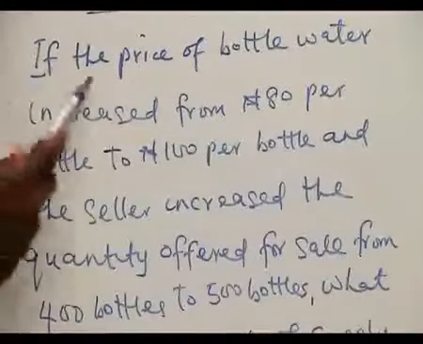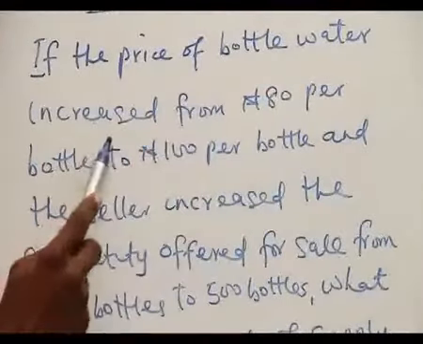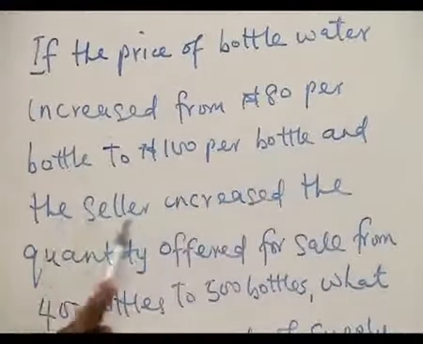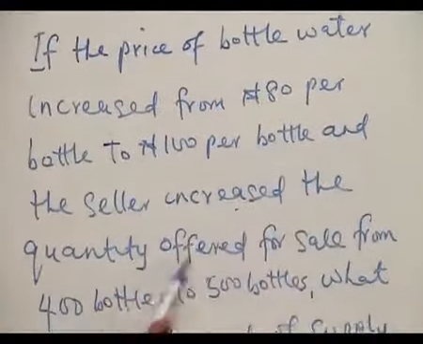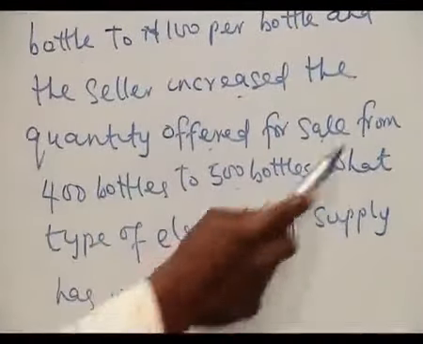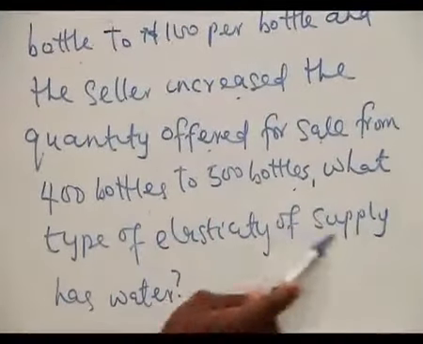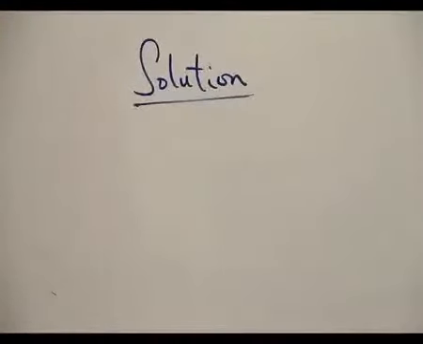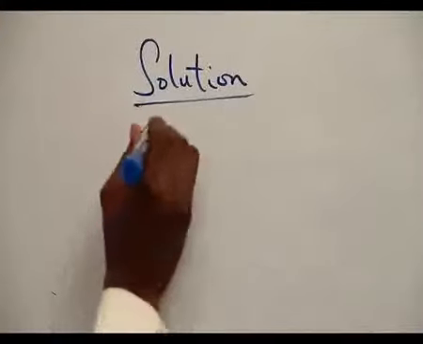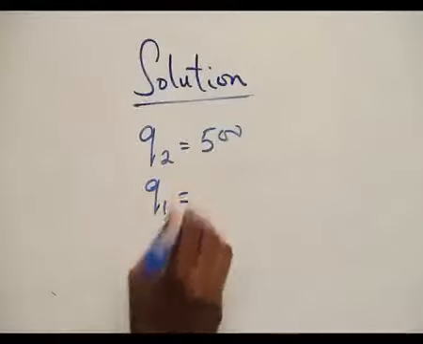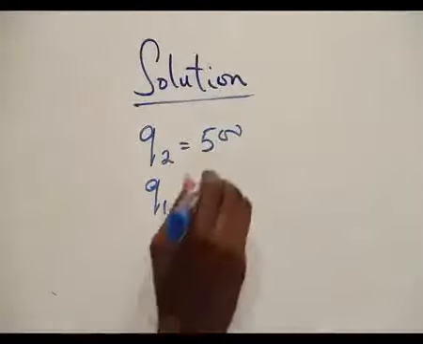Illustration. If the price of bottled water increased from 80 naira per bottle to 100 naira per bottle, and the seller increased the quantity offered for sale from 400 bottles to 500 bottles, what type of elasticity of supply has water? Solution. From our question, 500 quantity is referred to as Q2, while Q1 equals 400.